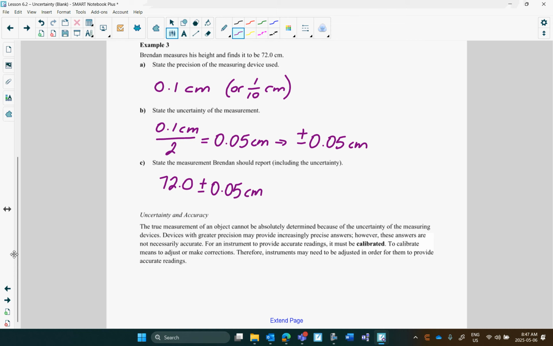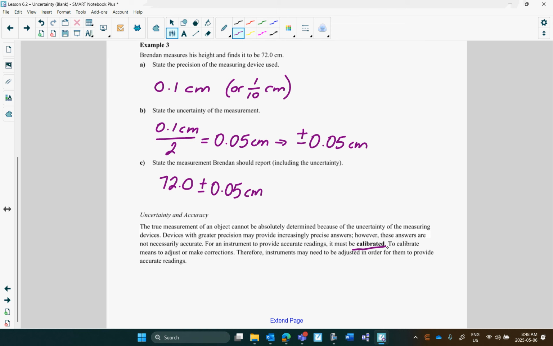Because remember, you could have something that's very precise. If you measure it over and over again, you get pretty much the same number, but it may not be accurate. So what do we have to do to instruments when that happens? Well, the word is we have to calibrate it. And that means basically to adjust them.